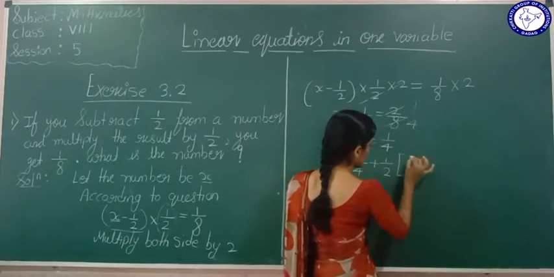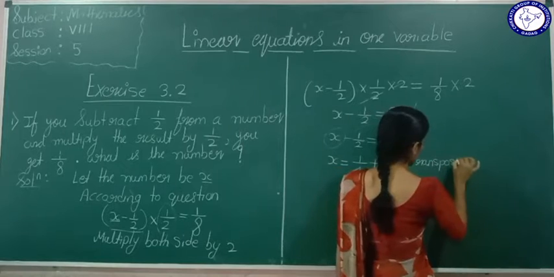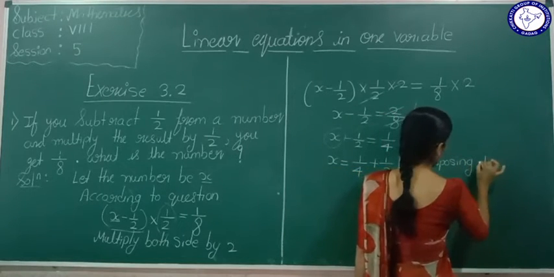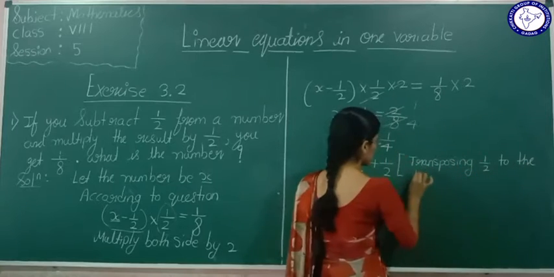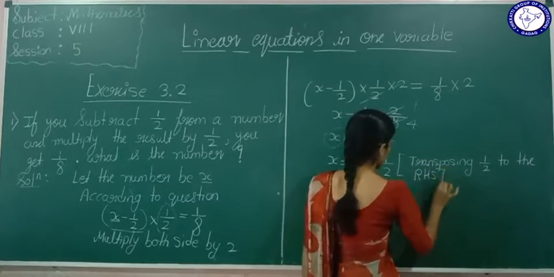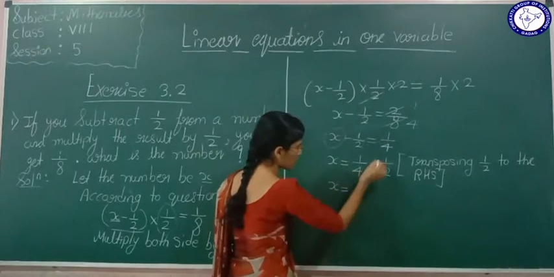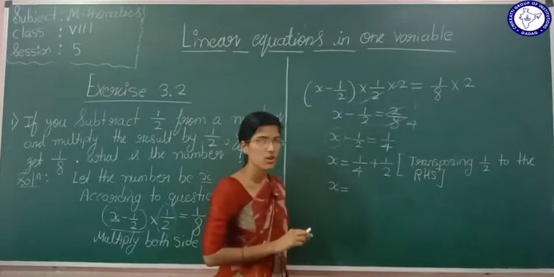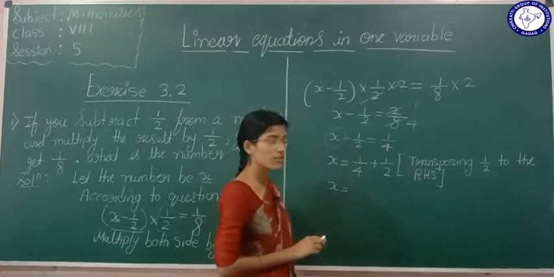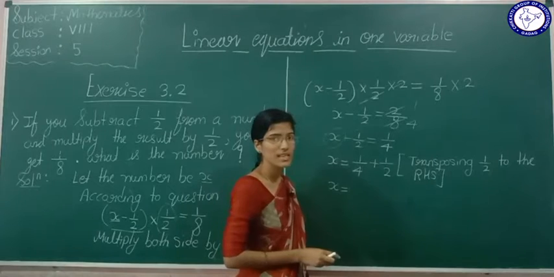Transposing 1/2 to the RHS, this implies x is equal to, simplify this. Here the denominators are not the same, so we take the LCM of 4 and 2.